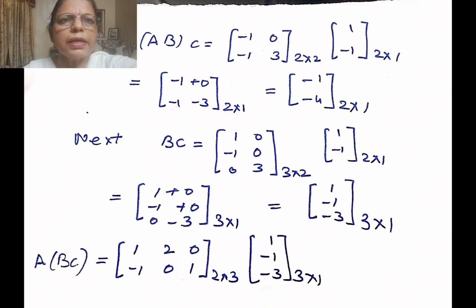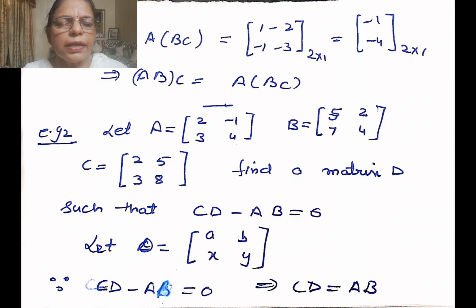And multiply A(BC), that will be equal to [1 2 0; -1 0 1], that is of the 2 by 3, into [1; -1; -3], that is 3 into 1, and the resulting matrix will be of the type 2 into 1, and that is equal to A(BC), that is equal to [1 - 2; -1 - 3], and that is equal to [-1; -4]. That implies the associative law holds for the matrices A, B, C.